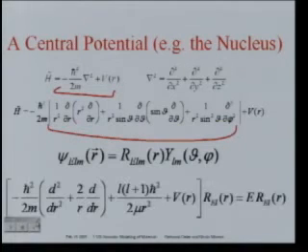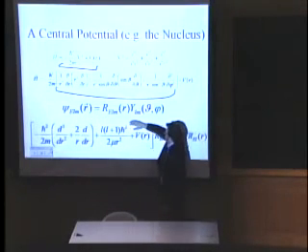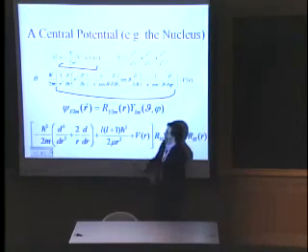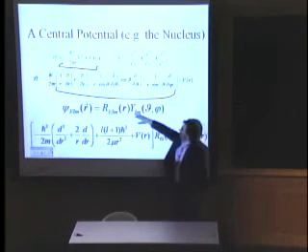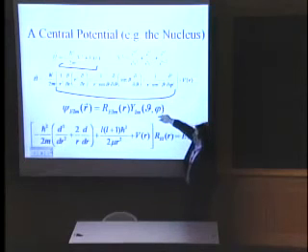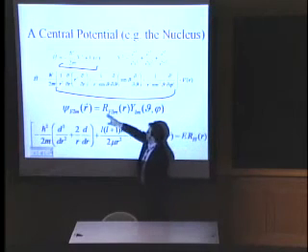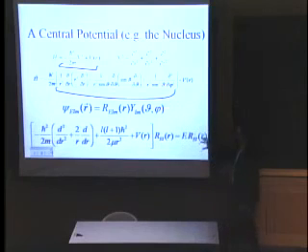And when one goes through all the algebra, one finds out that the space part of the wave function can be written as a term that depends only on the distance from the center, from the place where the nucleus is, times an angular part. If you are familiar with this, we call this angular part spherical harmonics, and this would be the radial part of the wave function, which is a solution of a slightly different one-dimensional Schrödinger equation.